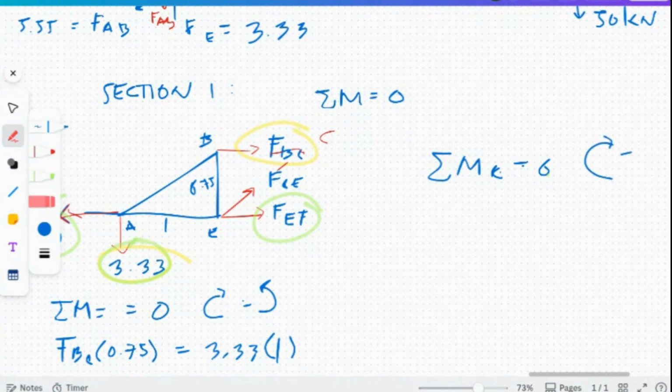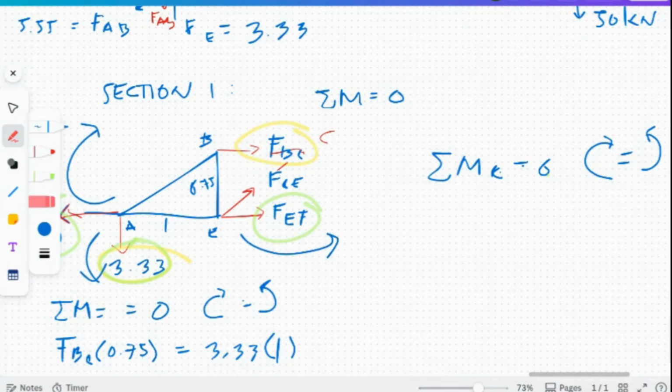Okay, so let's try to build the equation that looks like EF. So as always, clockwise, counterclockwise. What are the forces that are making it go clockwise, right? This one is clockwise motion, and that one is counterclockwise.